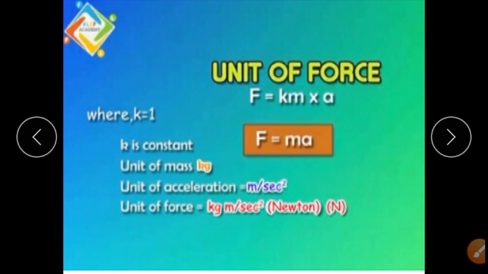It is kilogram. What is unit of acceleration? It is meter per second square. Therefore, unit of force is kilogram meter per second square. Kilogram meter per second square is otherwise known as Newton and represented using capital letter N.